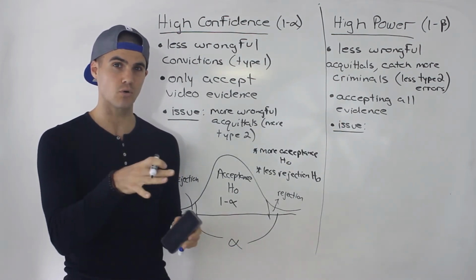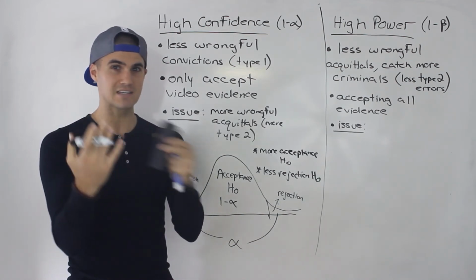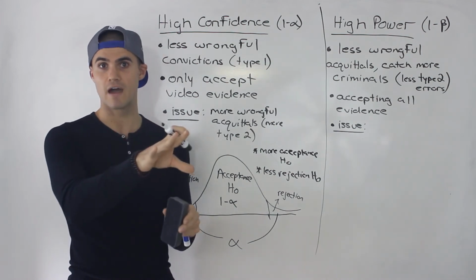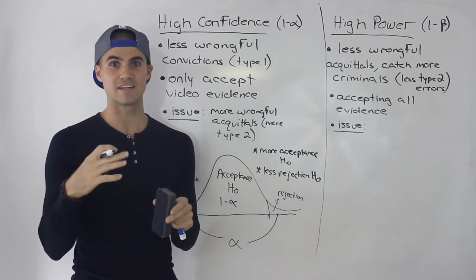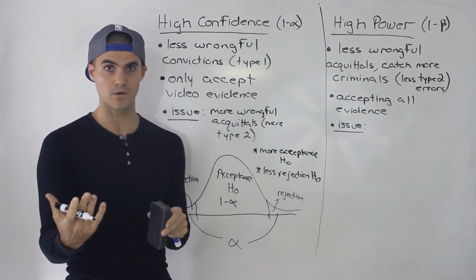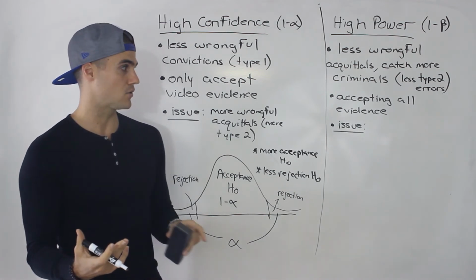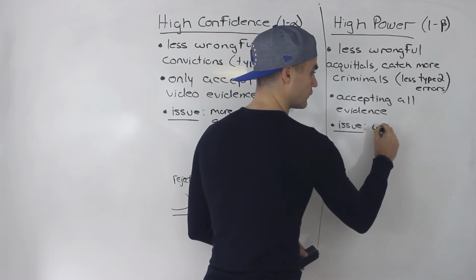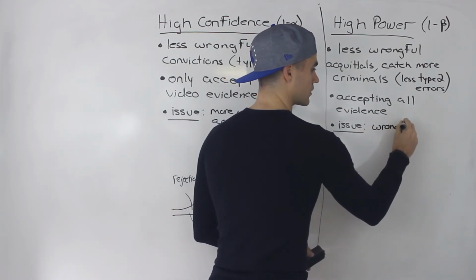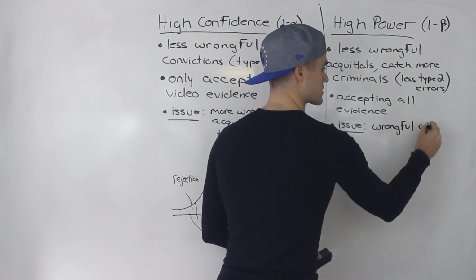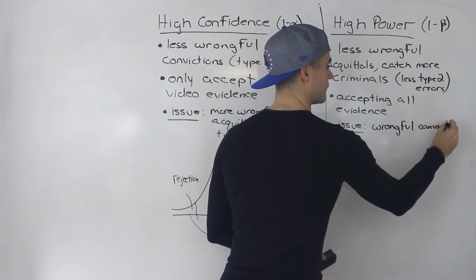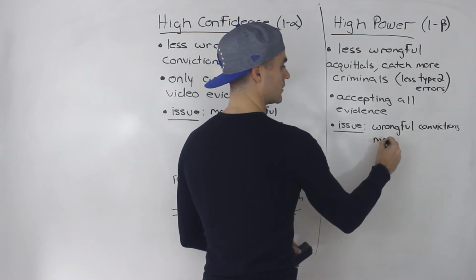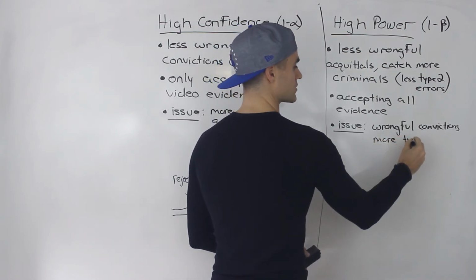And then when it goes to court, there may be some kind of bias that comes up. The person who's innocent, who didn't actually rob the house, may not know how to defend themselves in court properly. And so the issue with this strategy is that there's going to be more wrongful convictions, so there's going to be more type 1 errors.